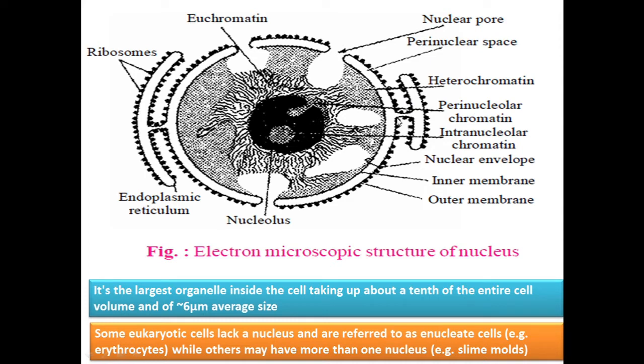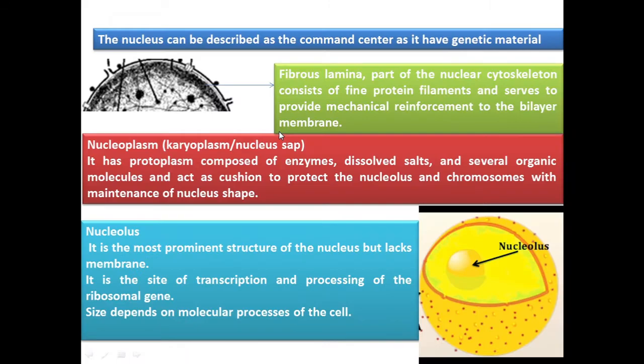Inside, the ground substance is nucleoplasm, in which we have chromatin. Chromatin is of two types: heterochromatin, the inactive form of chromatin, and euchromatin, the active form, which we will see later. Then this dense portion is the nucleolus.